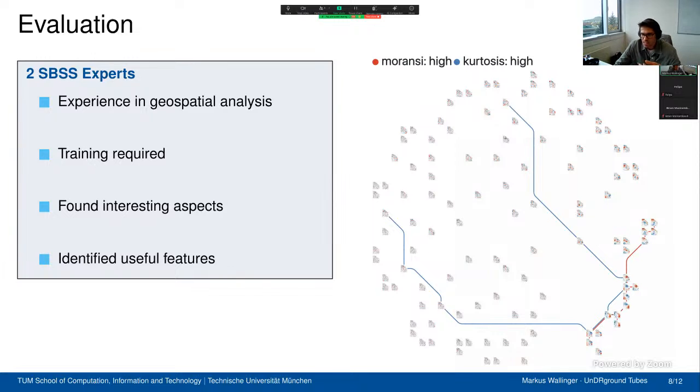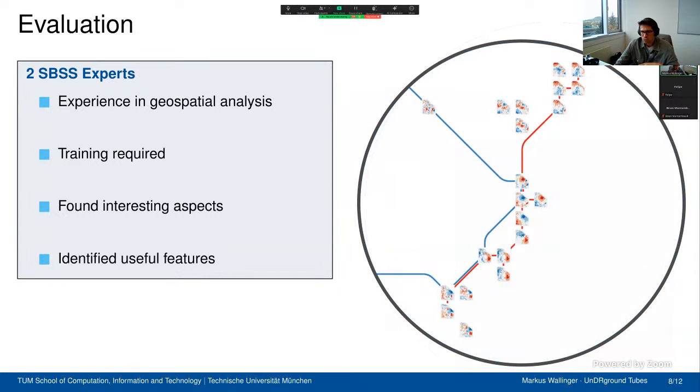Here you see an example view that the analyst generated. He picked two labels. He wanted to know about Moran's I and the kurtosis, and he showed the label for when both are high. They are expressed by the red and blue line. The assumption of the analyst is that if both are high, then they appear together in latent components. But if we zoom in to parts of our overview visualization, you can actually see that this is not the case.